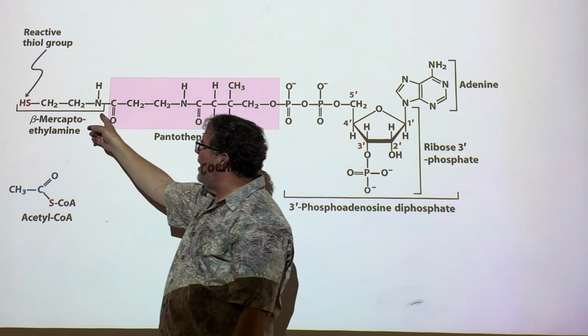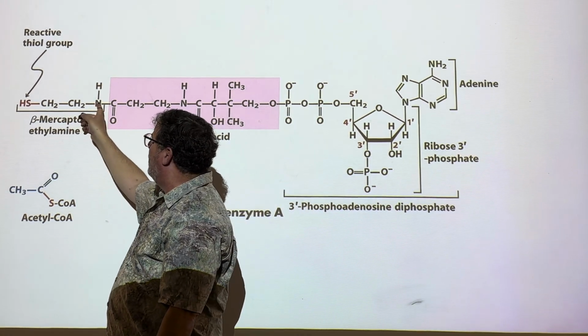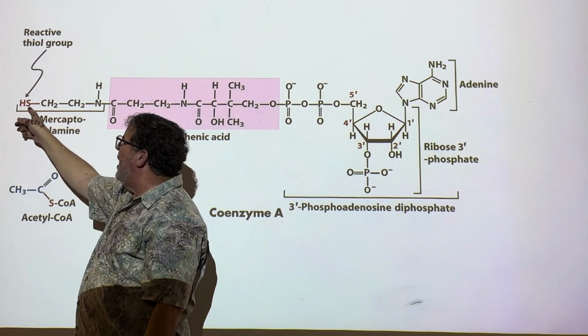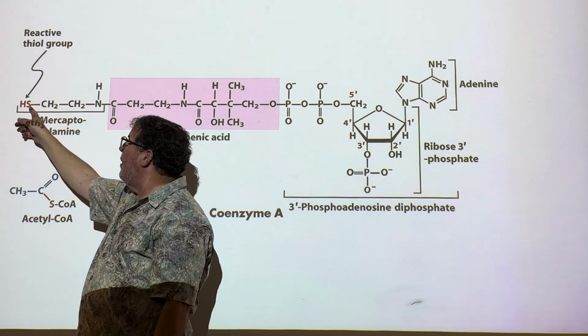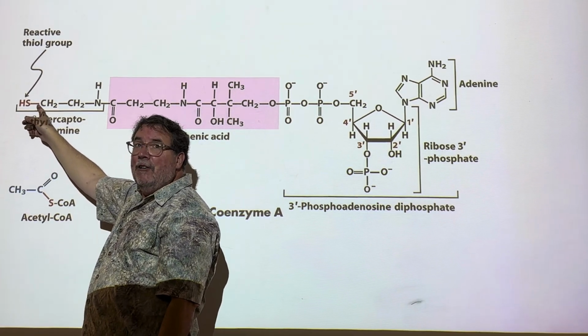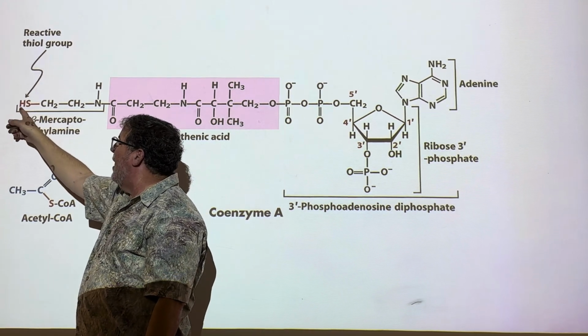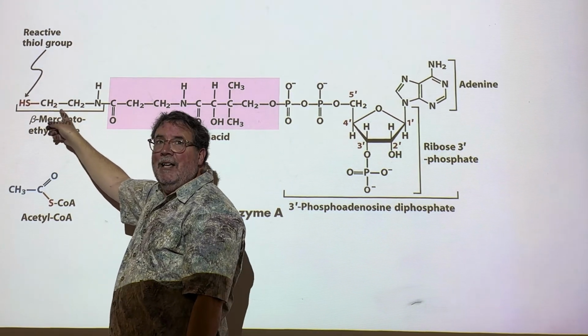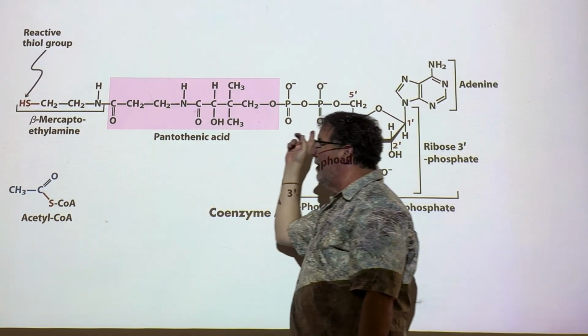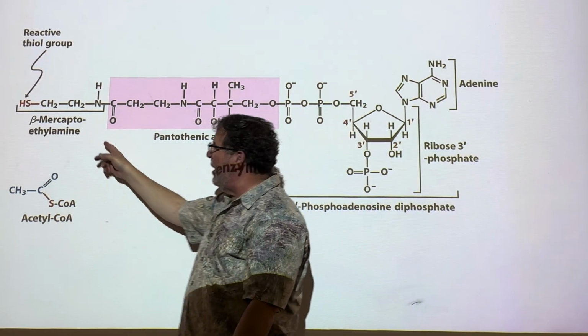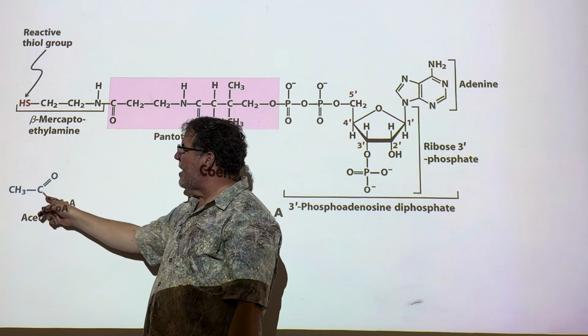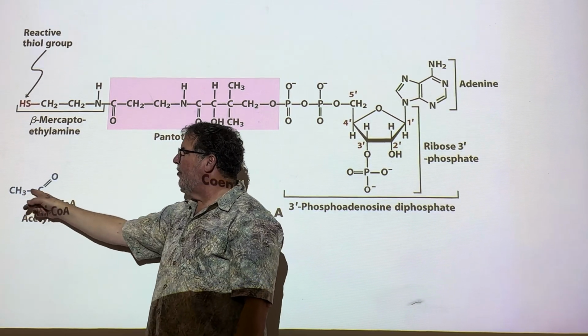And then it gets attached to this beta-mercaptoethanolamine, right? And then at the end of that is a sulfhydryl group, an SH, right? So the way I deal with it in terms of drawing it is I just draw the SH and then CoA. And then it basically serves as a carrier to make acetyl-CoA.